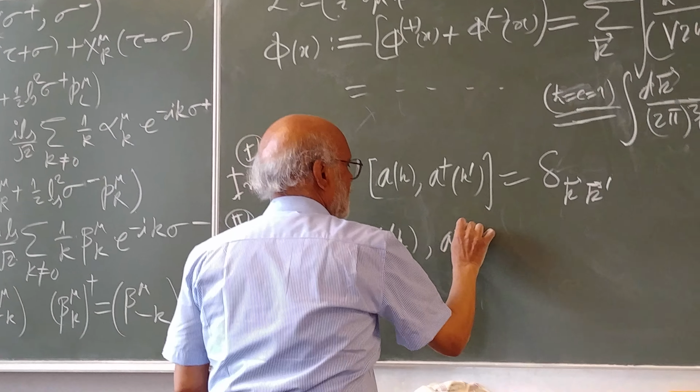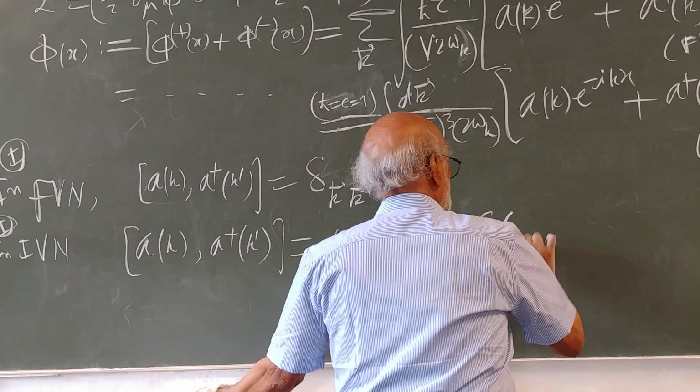This would, instead of this, be twice pi whole cube 2 omega k.